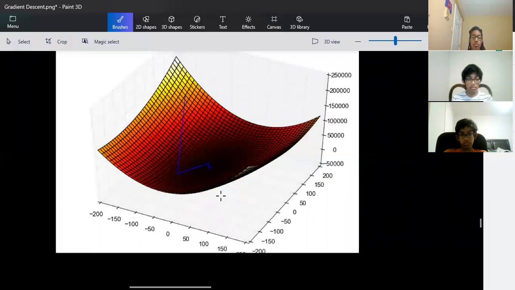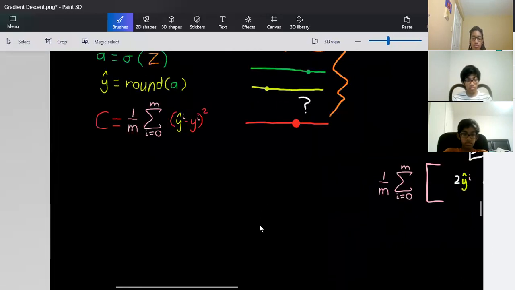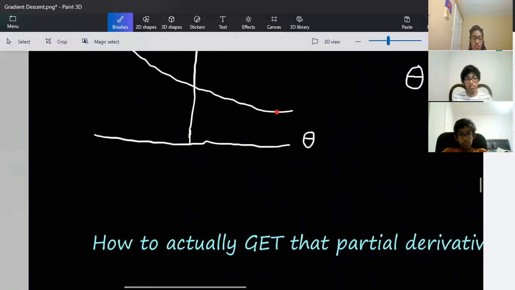Because it's not just theta 1 and theta 2. You have theta 3, theta 4, theta 1,000. So you can't visualize that. And over here, as I said, I just assumed that theta is one number, like theta 1. And that's also not correct, because there are thousands of theta variables.